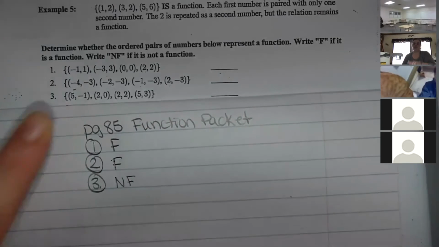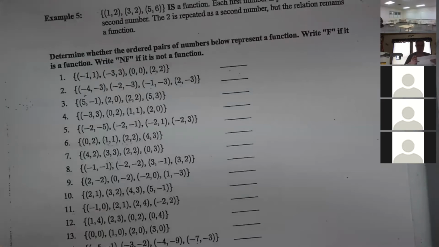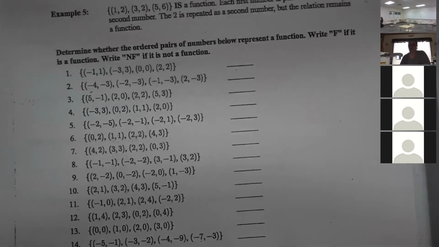But of course, we couldn't be done with just page 81 and page 85. Now I need you to turn to page 91 in your function packet. Page 91 looks like this.